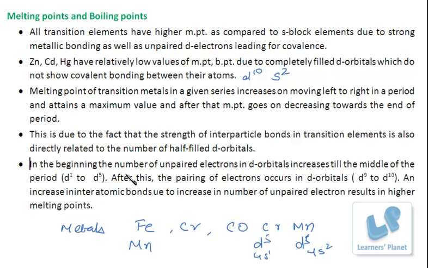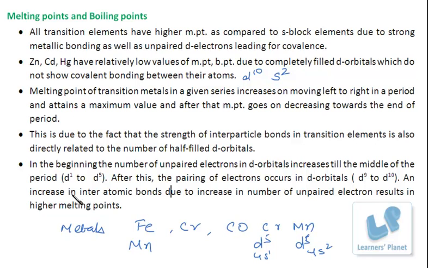In the beginning, the number of unpaired electrons in d orbitals increases till the middle of the period, that is d1 to d5. After this, the pairing of electrons occurs in d orbitals. An increase in interatomic bonds due to increase in number of unpaired electrons results in higher melting points.